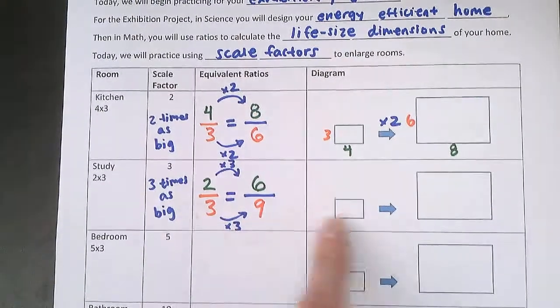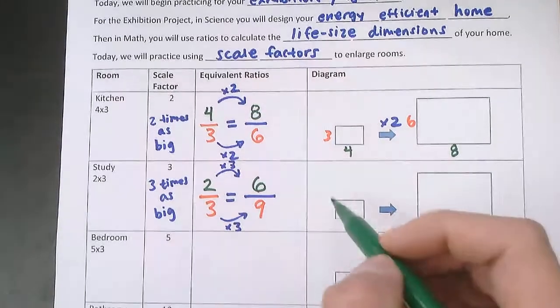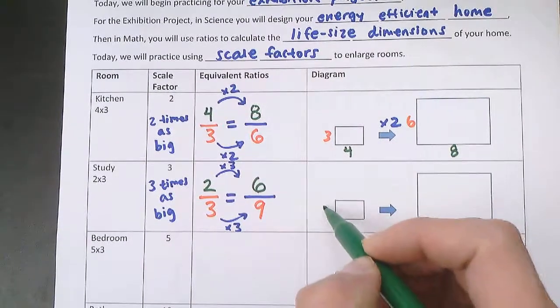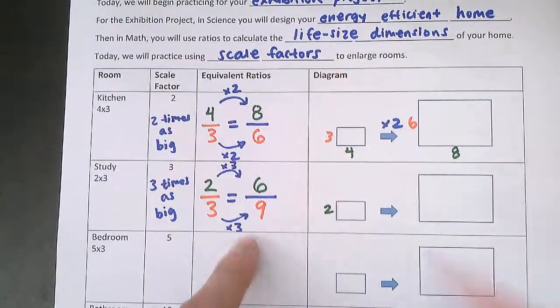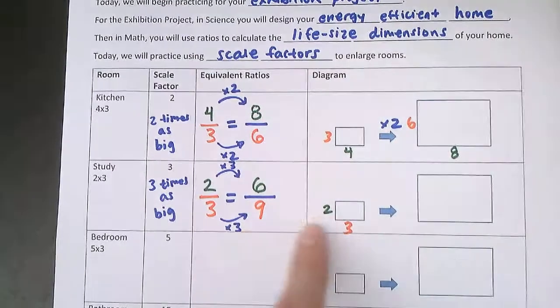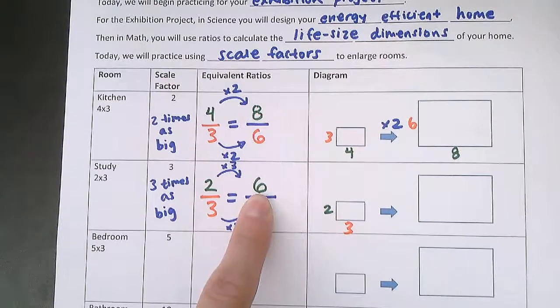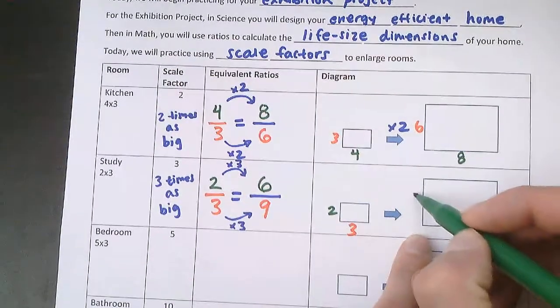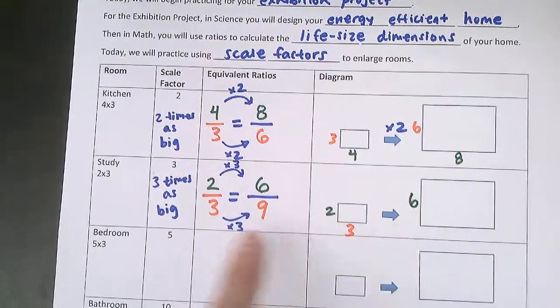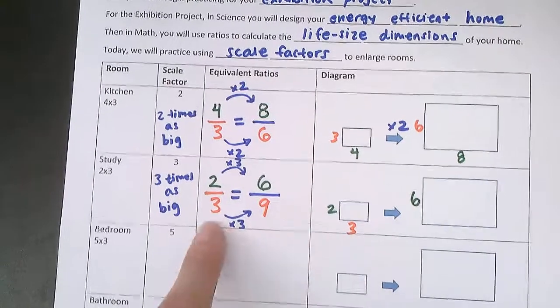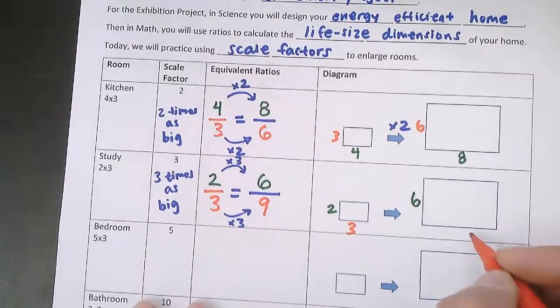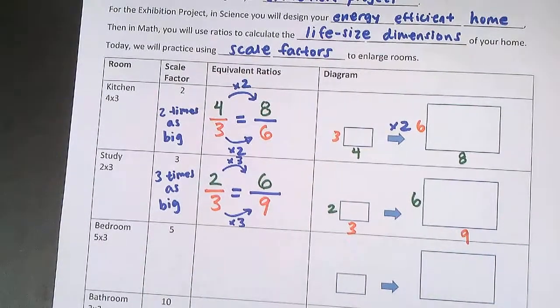And we can label that over here. So we have 2 on this side, 3 on this side, and then the 2 times the scale factor of 3 became 6. So this bigger version is now 6. And down here, this 3 times the scale factor of 3 became a 9.